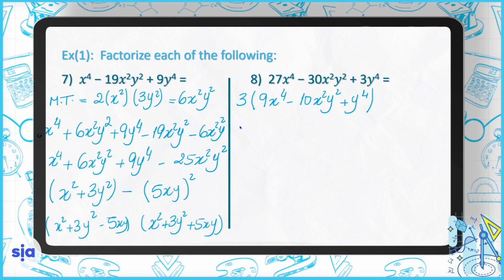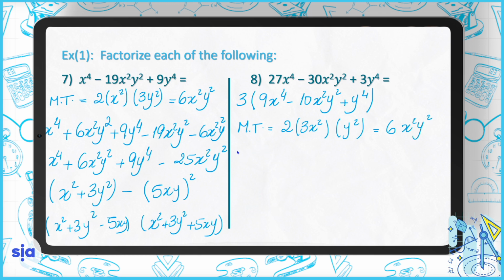So the middle term in here is 2 times the square root of the first term, which is 9x power 4, and the square root of the third term, which is y squared. So here it will be 6x squared y squared.